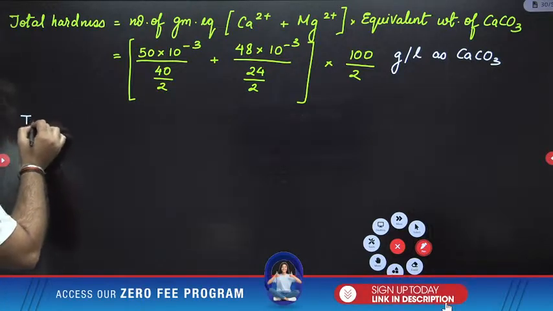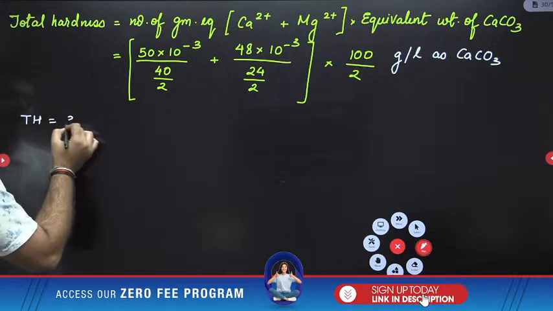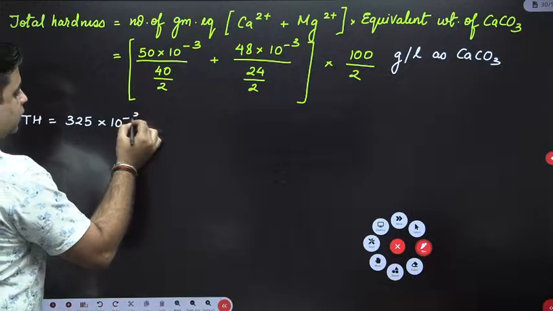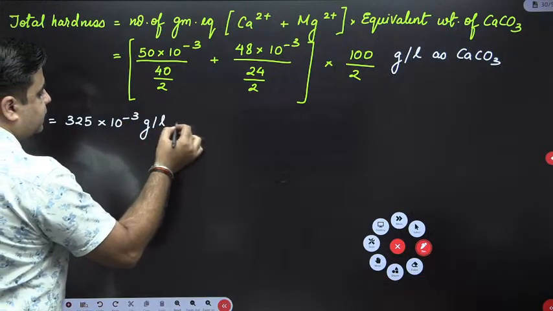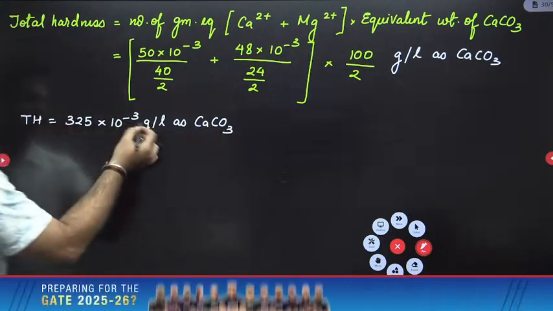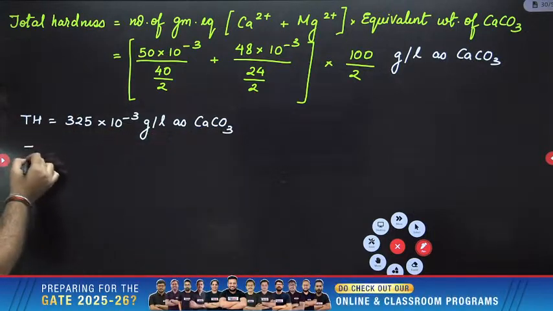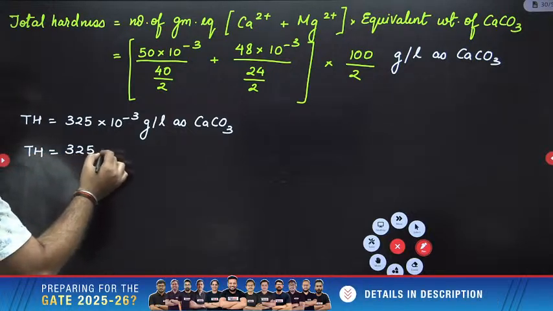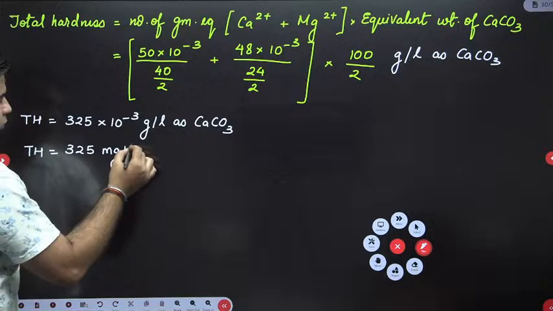Total hardness will be 325 into 10 raised to power minus 3 gram per liter as CaCO3. So this 10 raised to power minus 3 gram will be milligram. So total hardness will be equal to 325 milligram per liter as CaCO3.